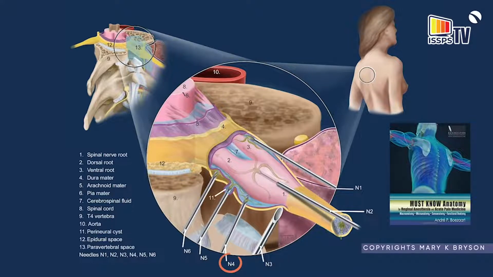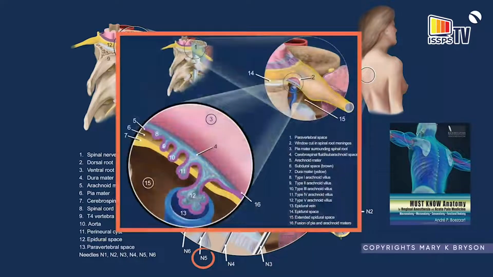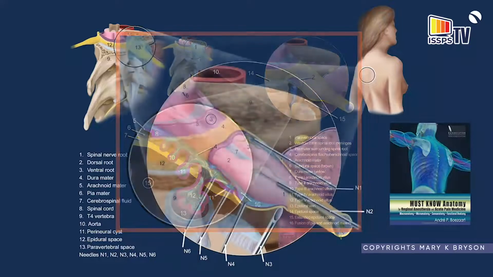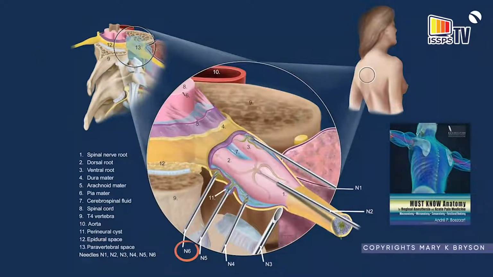N4 depicts a subarachnoid injection with immediate respiratory arrest and no neurological deficit if properly ventilated. N5 is also a subarachnoid injection into a paraneural cyst or arachnoid villi with similar effects as N4. N6 is a subdural but extra-arachnoid injection leading to the so-called massive epidural.